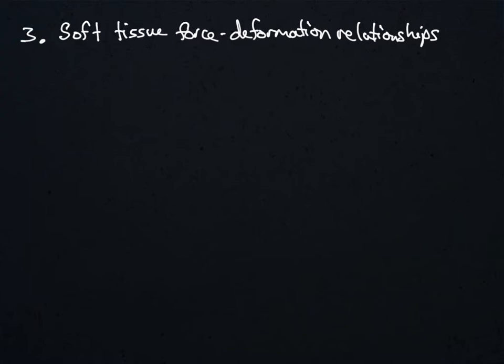The third method that we can use is a soft tissue force deformation relationship. So you remember from your physics classes or your material science classes that there's a relationship between the stress and the strain for a material.